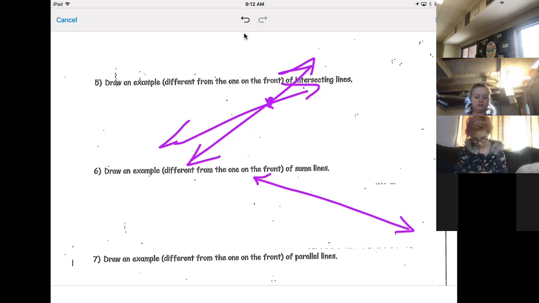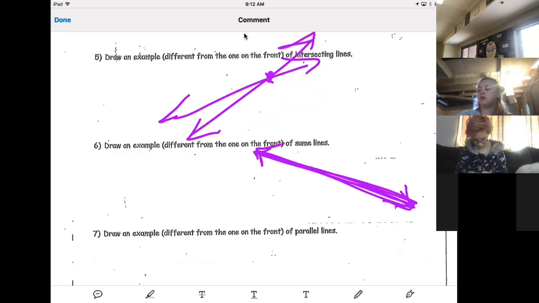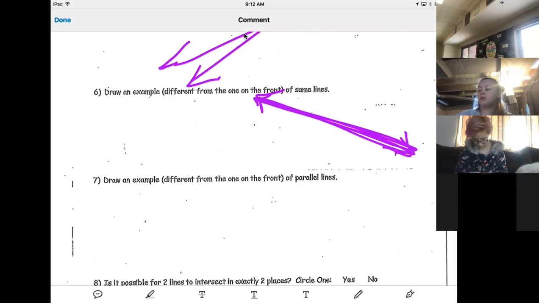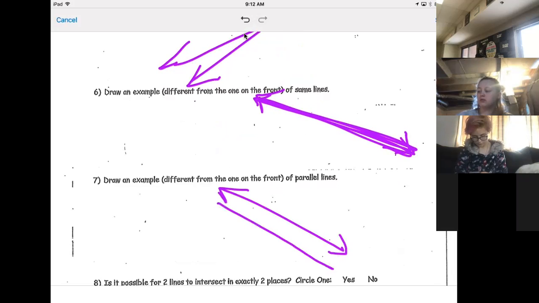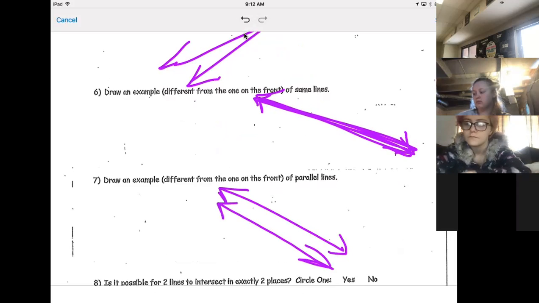Now I know I can change the color, but it'll actually change the color of everything I've done already, so it wouldn't make any difference. So I might do that. And then it says draw an example different from the one in the front of parallel lines. Parallel lines. Oh, my parallel's really bad.